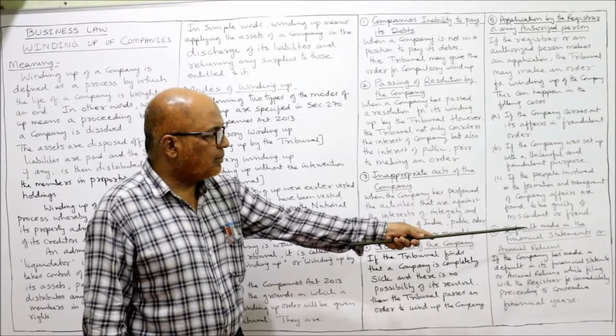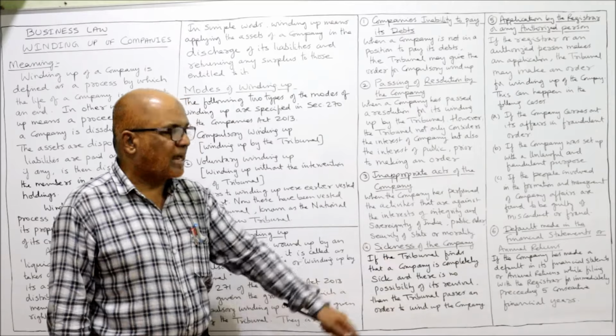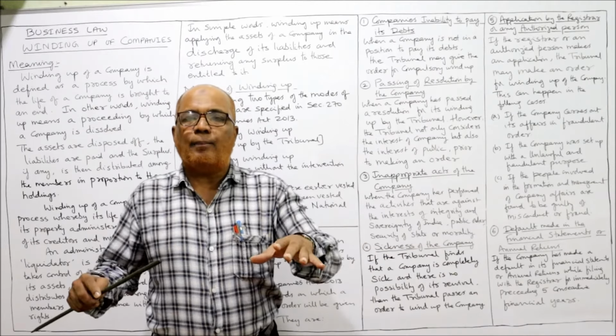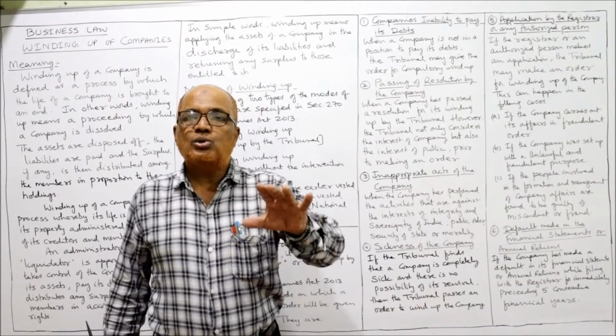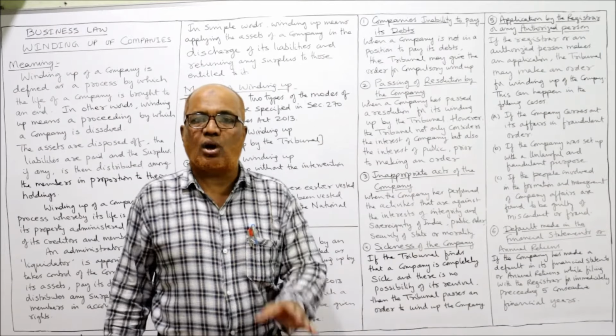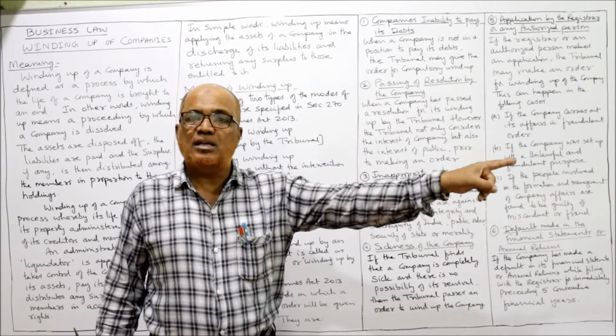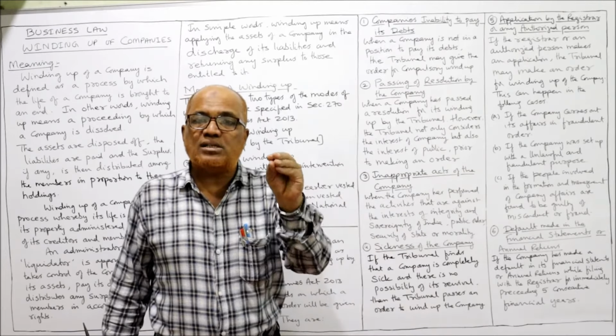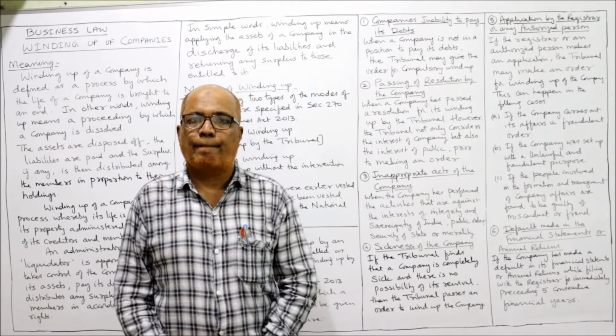Next, default made in the financial statements or annual returns. If a company fails to submit the annual returns or financial statements to the registrar of companies for the preceding 5 consecutive financial years.